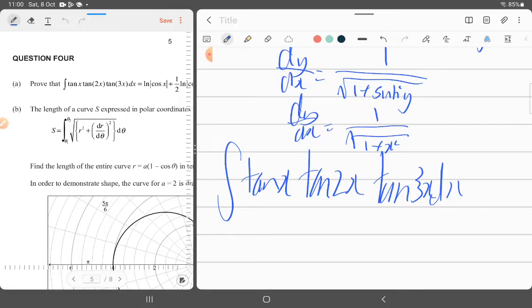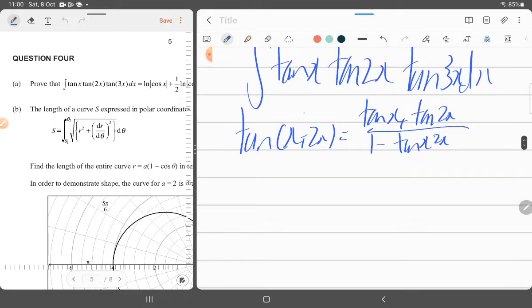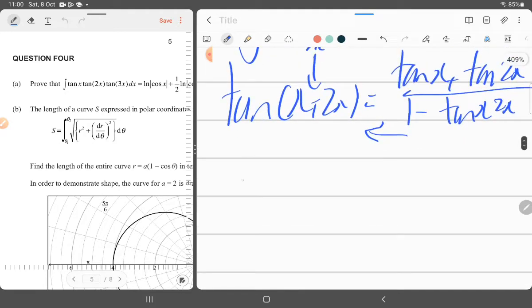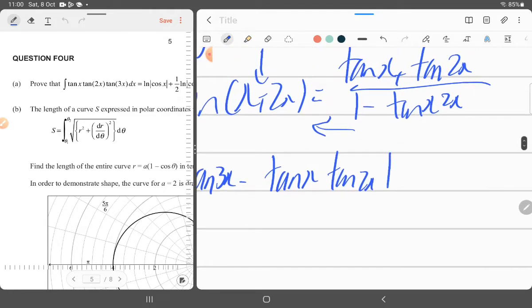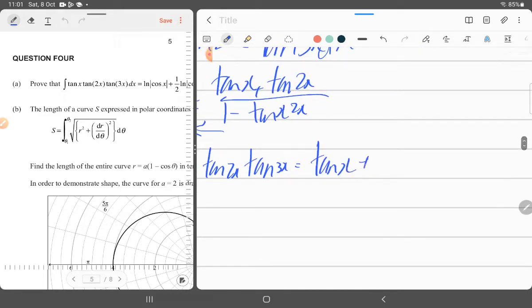Then I think we can use the compound angle formula: tan of x plus 2x is equal to tan x plus tan 2x all over 1 minus tan x tan 2x. Remember, this is actually still just tan 3x. So we multiply this to here, so tan 3x minus tan x tan 2x tan 3x is equal to tan x plus tan 2x.